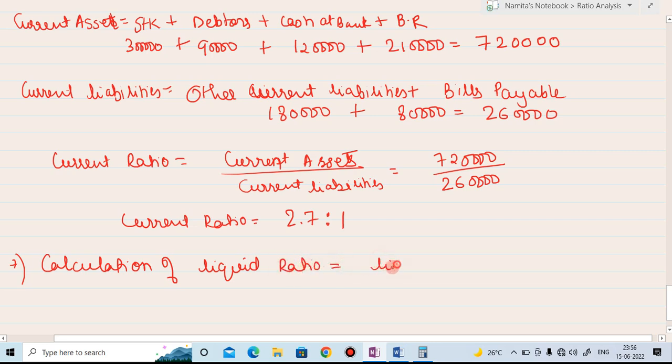The formula to find liquid ratio is liquid assets upon liquid liabilities.